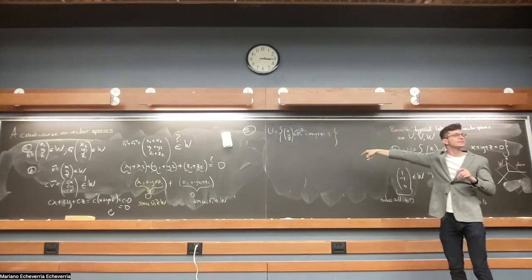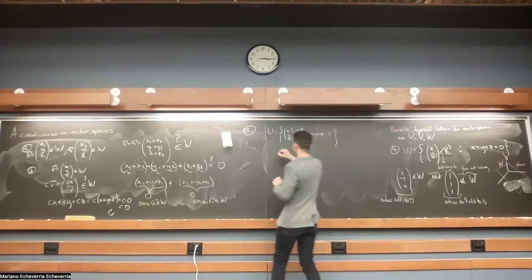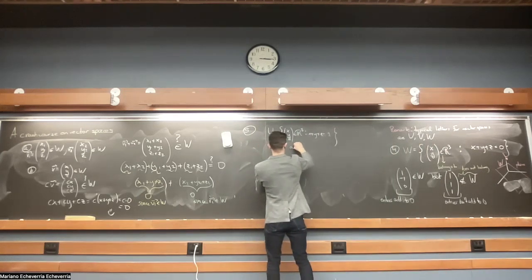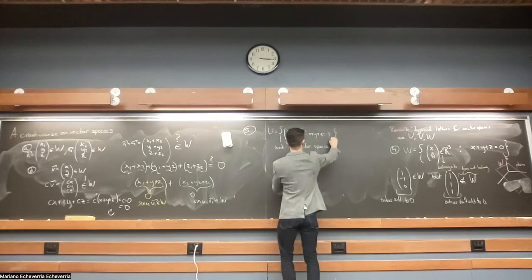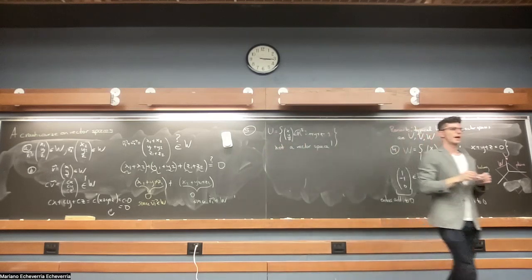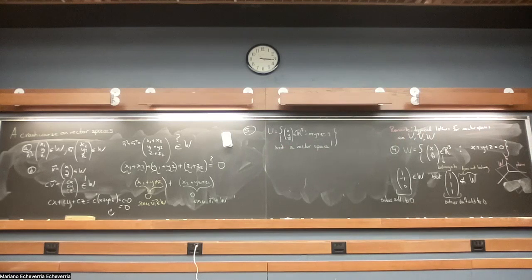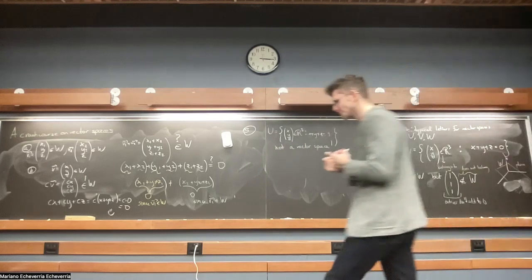Now my claim is that this is not a vector space. For this, you're free to give an example where either of the 2 properties fails. It's up to you which one you want to choose.